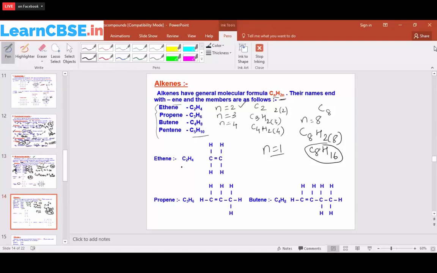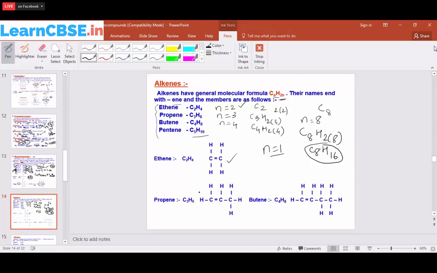Now C2H4: here C double bond C, and we substitute the hydrogens over here. In each carbon atom, 1, 2, 3, 4 bonds are satisfied, so the tetravalency is completed.